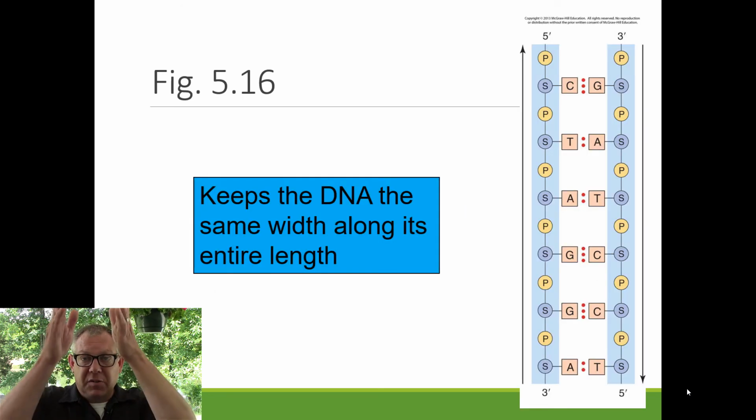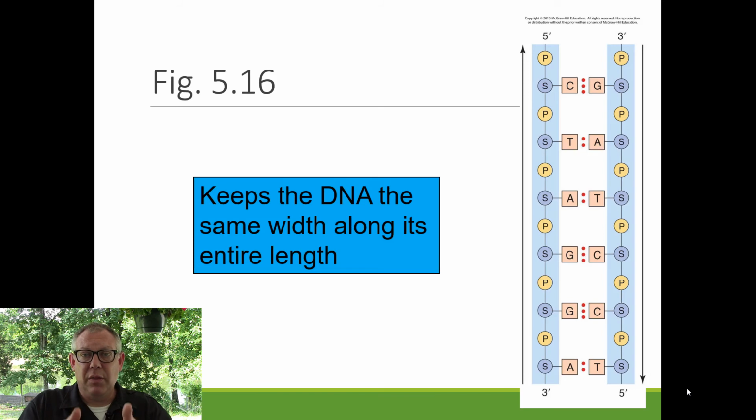That's important because it keeps the DNA the same width. If you had 2 double rings together, those are bigger molecules, and so the DNA would bulge out. And if you had 2 single rings paired together, the DNA would come way in. But by always having C with G and A with T, it's always a double ring with a single ring, so it's always the exact same width all the way down, and that's more energetically stable.